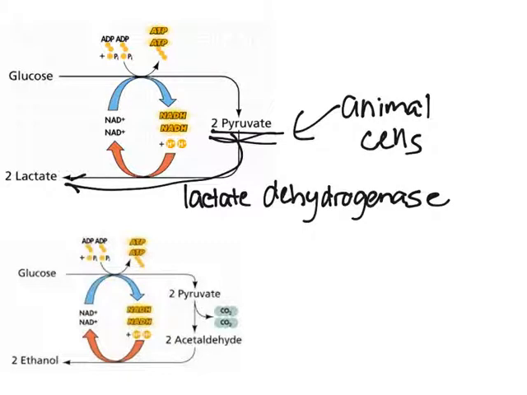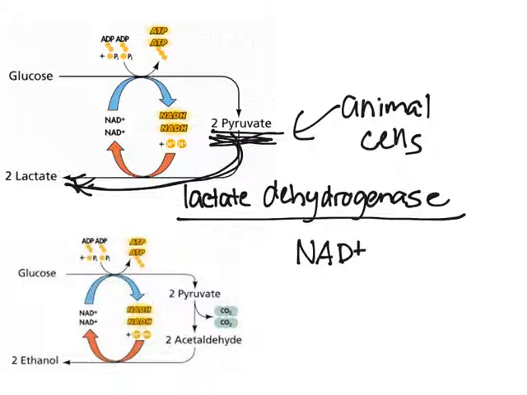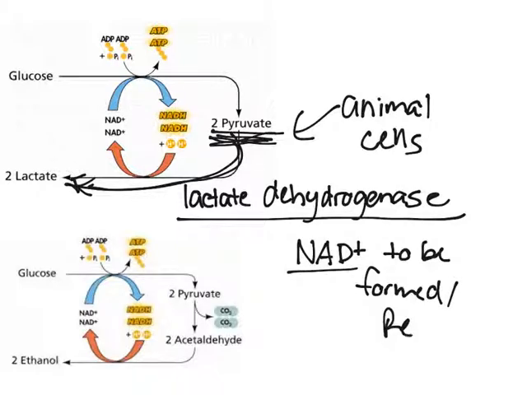And so why is lactate dehydrogenase important? Well, this enzyme converts pyruvate into lactate, but most importantly, it allows NAD plus to be formed to accept electrons and then essentially make more ATP. So it allows NAD plus to be formed and recycled.